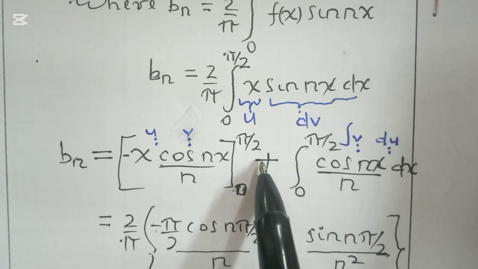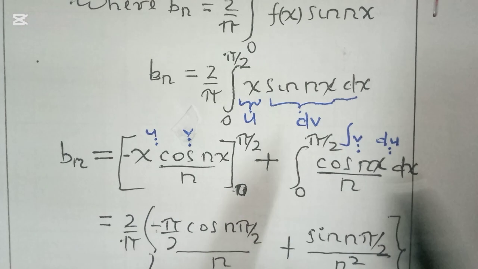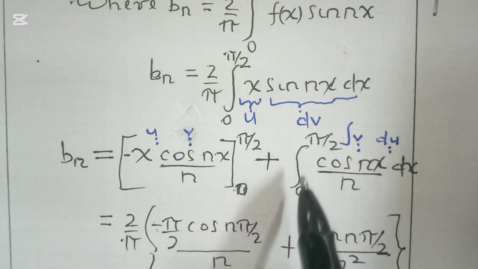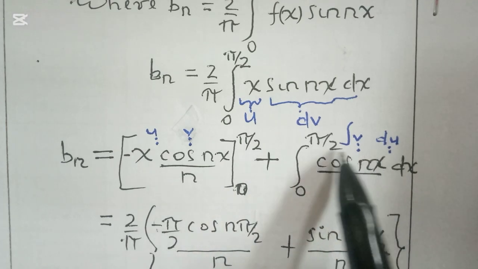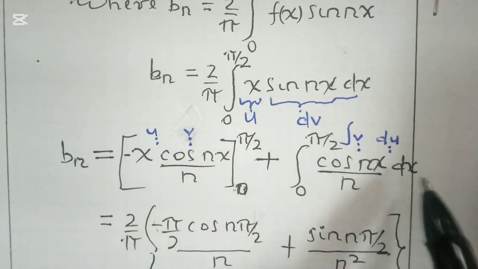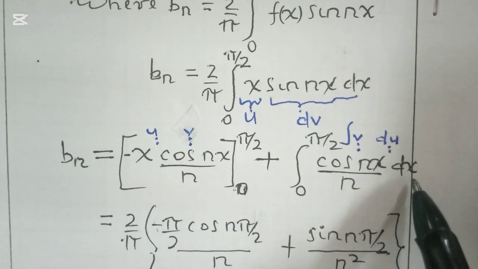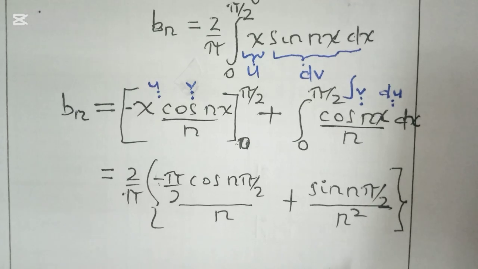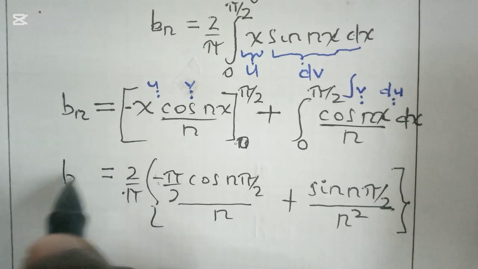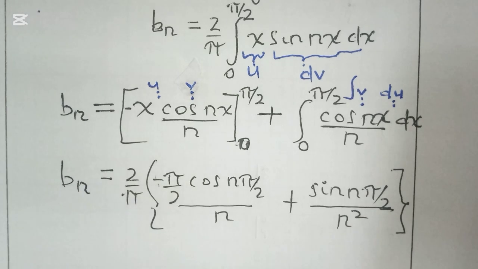So instead of negative integral of v du, it comes to positive. And this is our v from this. And then here we have 1 and dx. So after doing that, this is what I have gotten. So my bn is going to be like that.